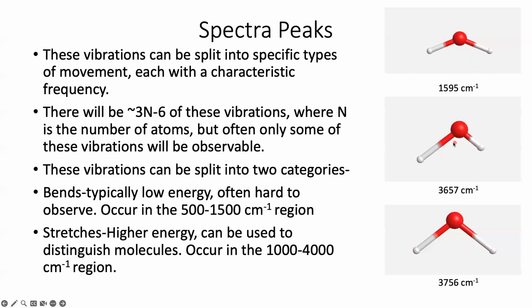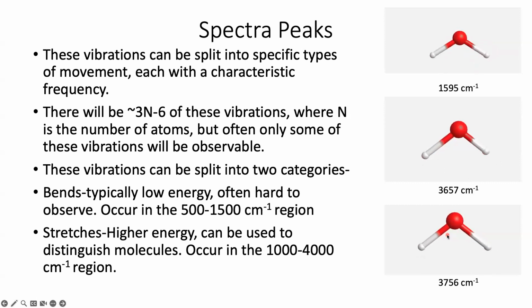This is how each of our bonds stretch forwards and back. And it's worth noting that some of these stretches can be coupled. Notice how we aren't looking at a single hydrogen-oxygen stretch in either of these water ones. They'll often be paired in what are called asymmetric or symmetric stretches.